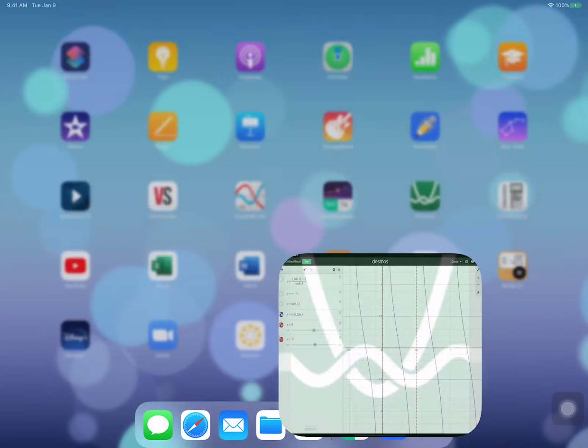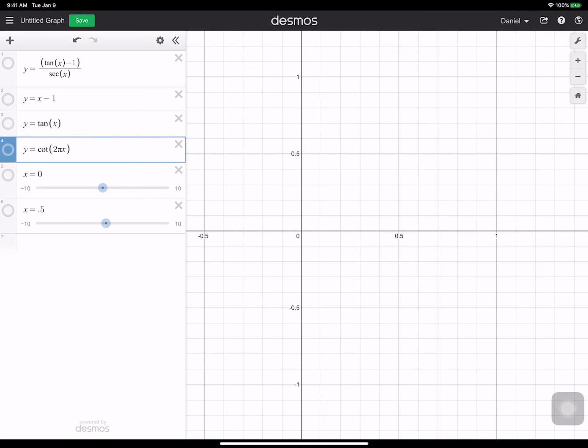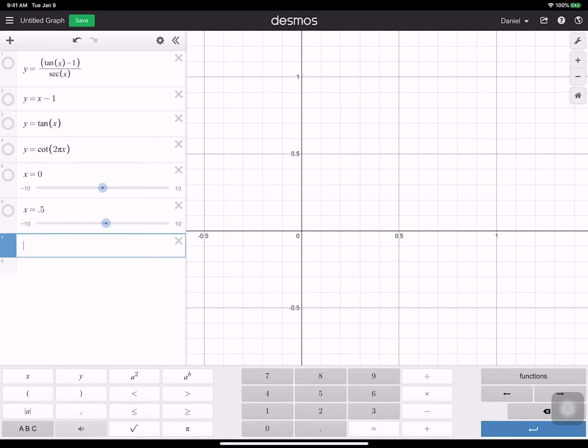So I want to show you guys cosine over 2 plus sine here. If we go to Desmos, to show you what I'm talking about, cosine x divided by, in parentheses, 2 plus sine x. I think that's right.